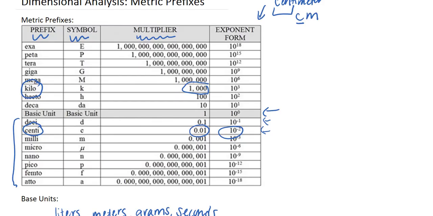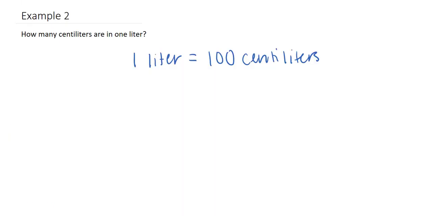This is a little bit harder to read in terms of how many are in the other one. But if you have 0.1, that means we're breaking it up into tenths. If we go down one more, that means we're breaking it up into hundredths. So 1 centiliter is 1 over 100 of a liter. So, example 2, in 1 liter, there are 100 centiliters.